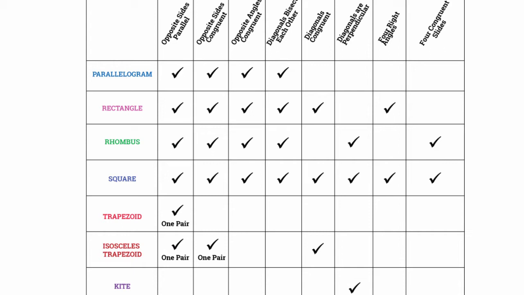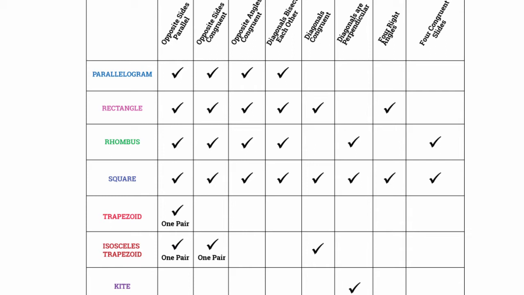In a rectangle, opposite sides are parallel, opposite sides are congruent, opposite angles are congruent, diagonals bisect each other, diagonals are congruent, and there are four right angles. And in the blank box we can put a cross, meaning diagonals are not perpendicular and there are not four congruent sides.